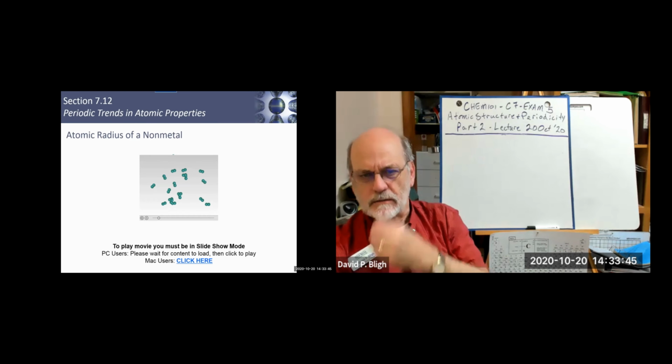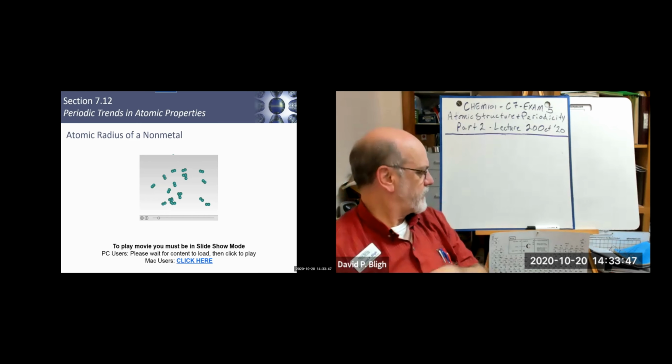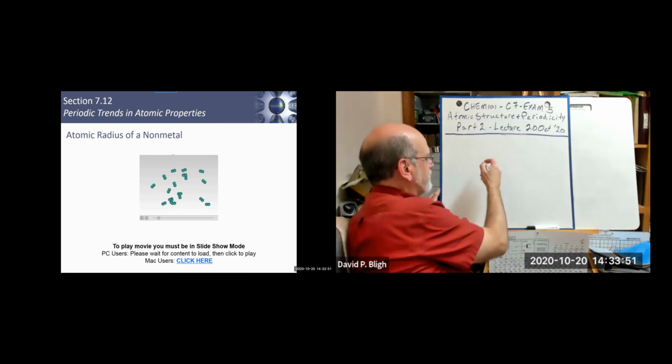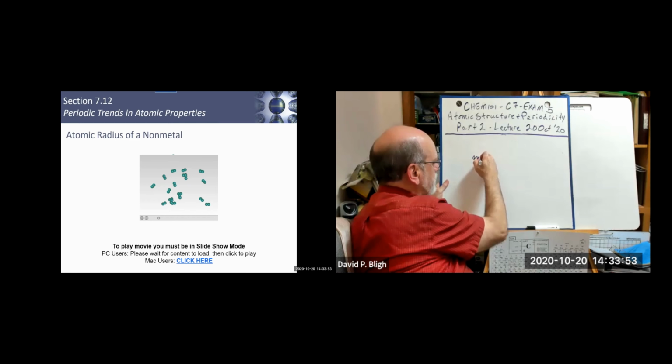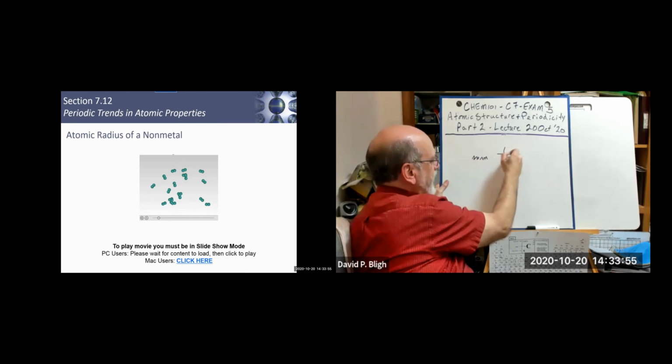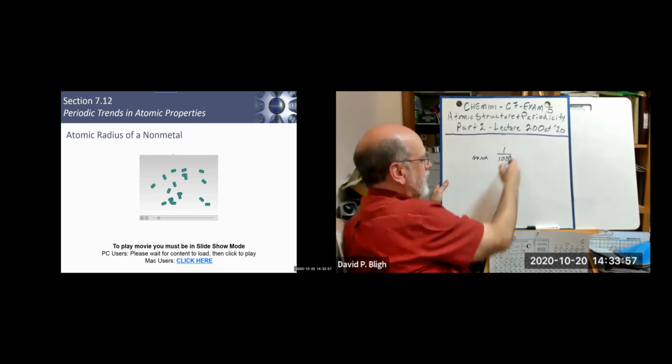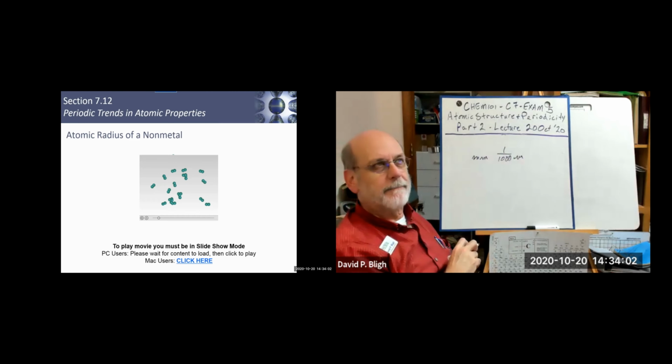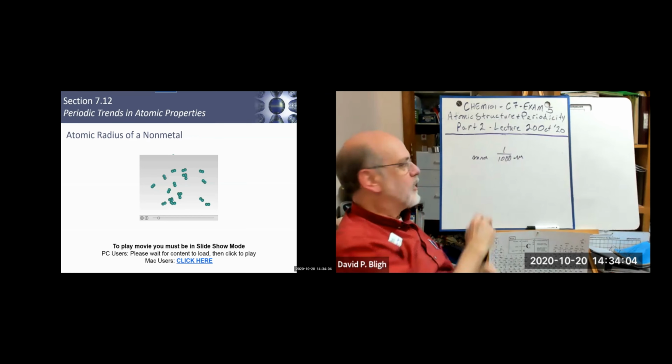What's a picometer? All right, a millimeter is a 1,000th of a meter. Milli. Okay. Nano.